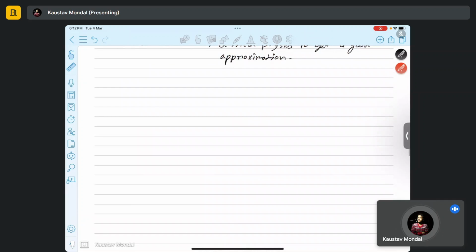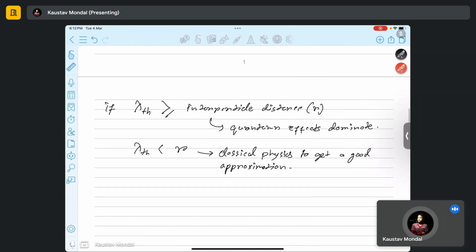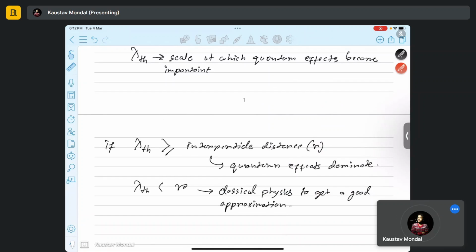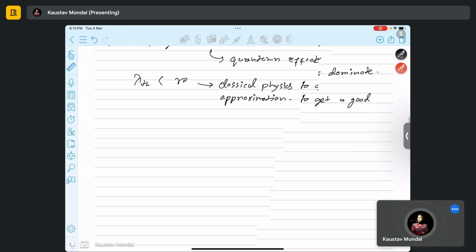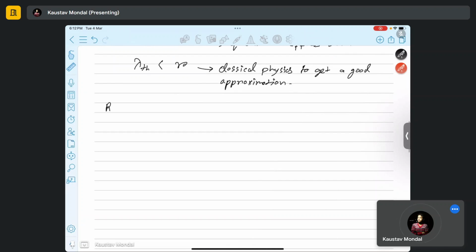But here what you have to find out is how this lambda thermal is related to the partition function of a system, the translational partition function. So let me just write out the relationship with the partition function.